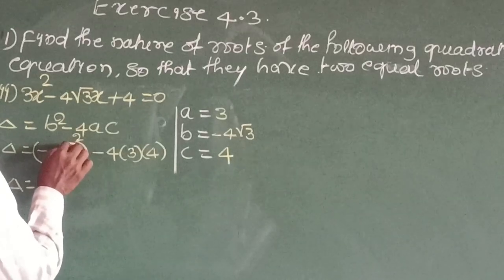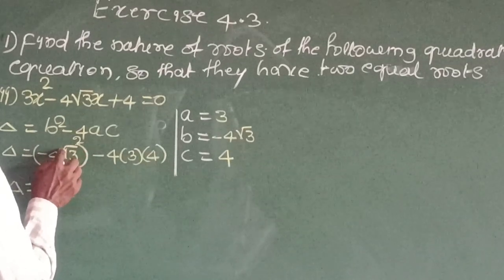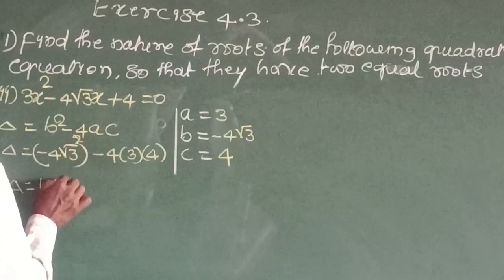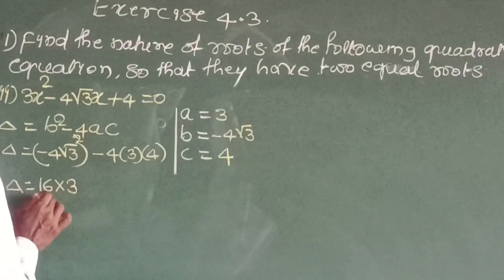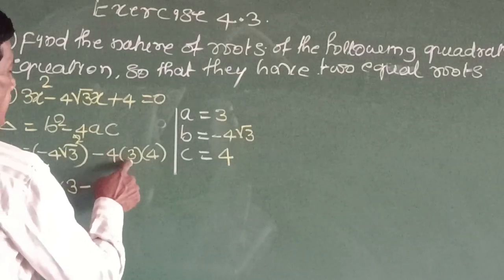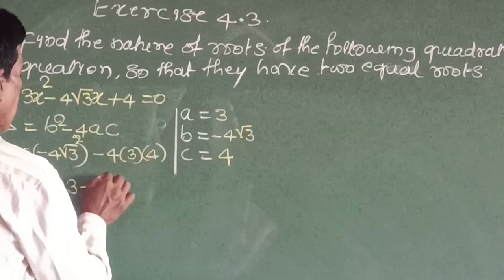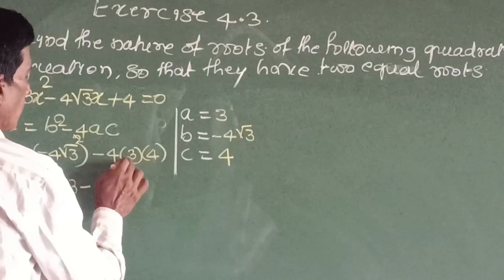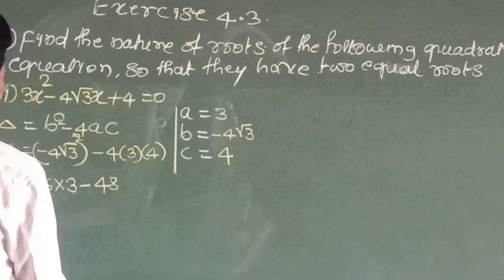Next, delta equal to minus 4 square is 16, and the square root of 3 squared leaves 3. So 16 into 3 is 48. And 4 3s are 12, 12 4s are 48.